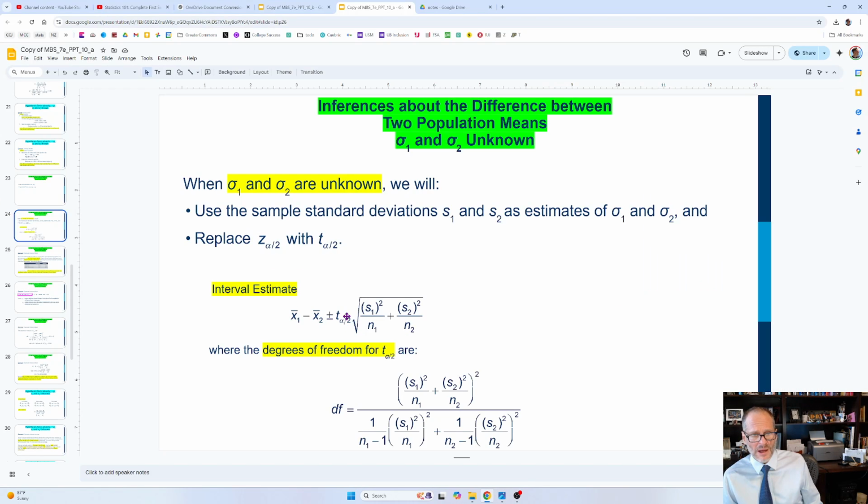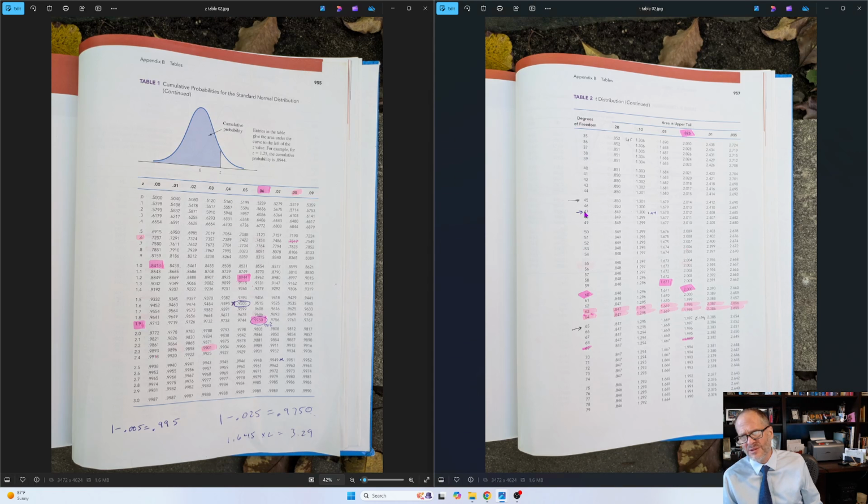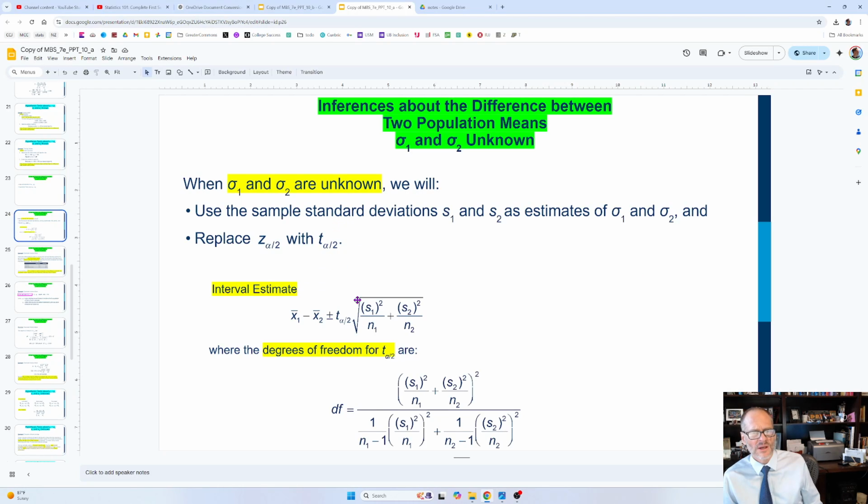Maybe that amount will be 1.96 here. I'll have the z. Or if I'm working with t and 47 degrees of freedom, and it has 0.025 in the upper right tail because I want the 95% confidence level, then maybe the value I'm going to use is 2.012 right here. Give me this amount of this.